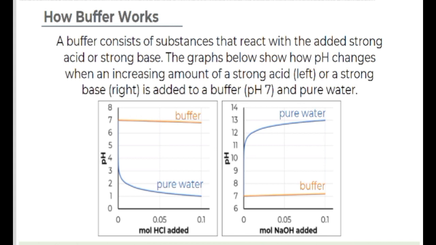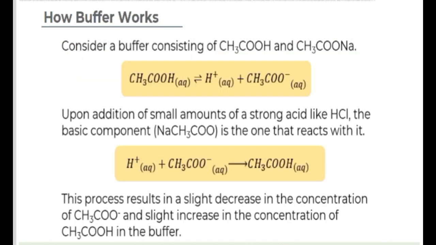In these graphs, notice that the pH of the buffer does not change significantly with increasing amount of strong acid or strong base, while the pH of water changes drastically in the presence of the strong acid or strong base.